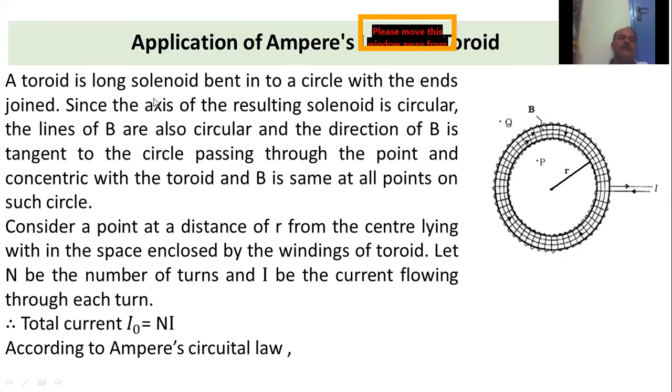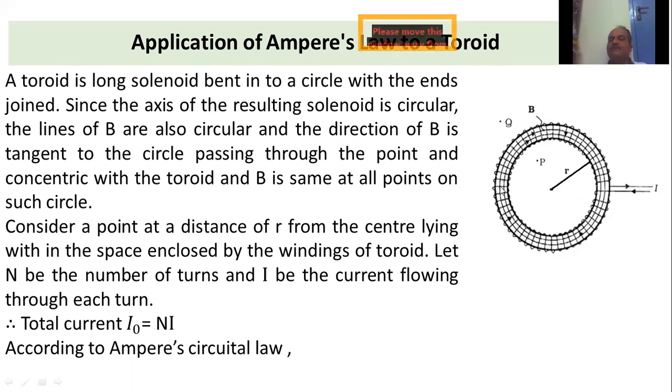And since the axis of the resulting solenoid is circular, the lines of B are also circular, and the direction of B is tangent to the circle passing through the point and concentric with the toroid, and B is the same at all points on such a circle.